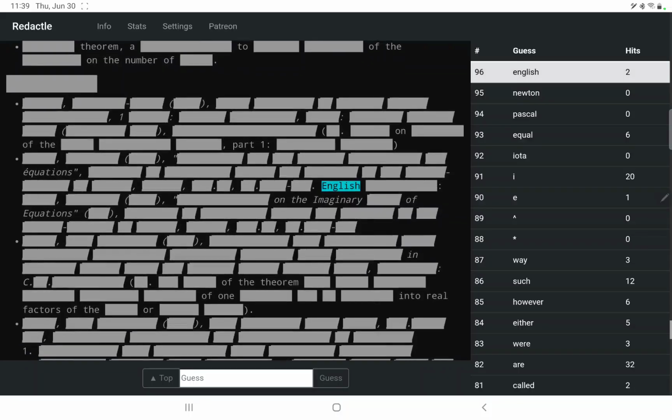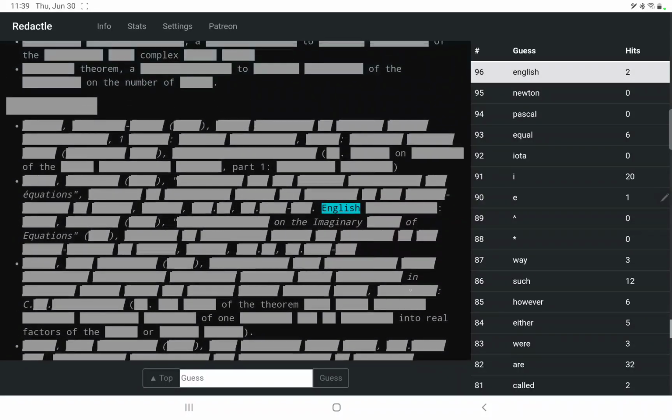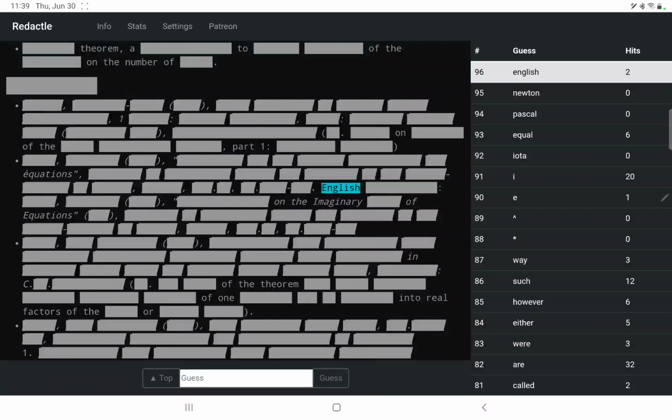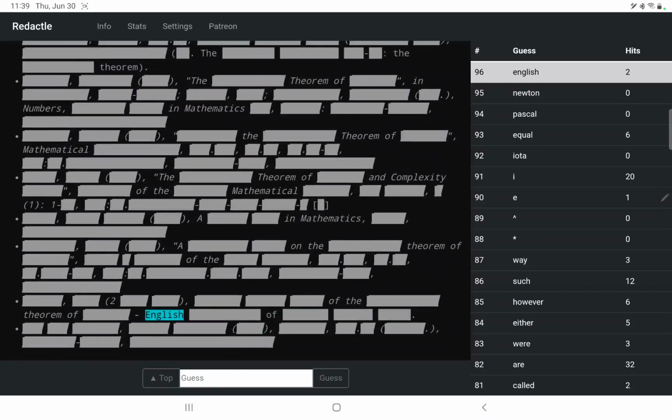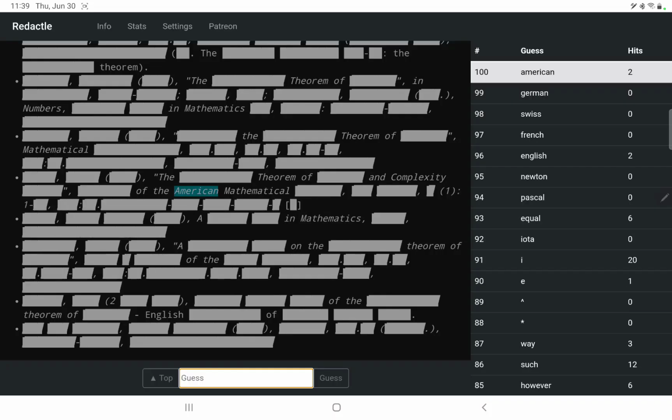Okay, this seems to be down in the, well, maybe not the references, but the sources, but it's a title perhaps. Oh, English publication or something. Yeah, same there. How about French? No French. Swiss, German, American, two Americans.